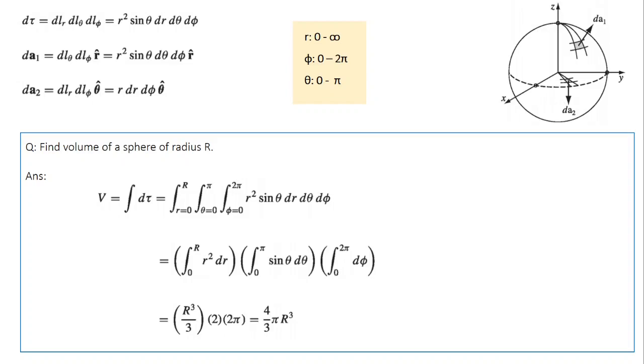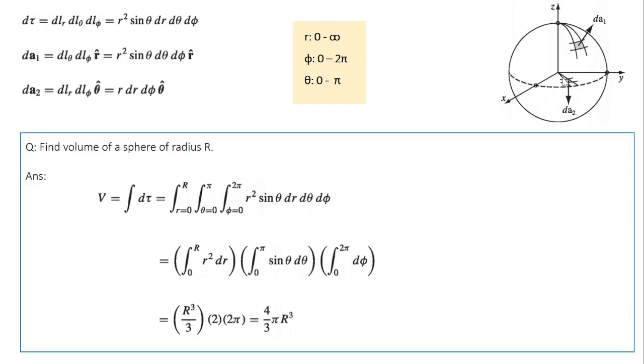Finally, what are the limits of the axes? Just like the Cartesian coordinate system, r represents position, so it varies from 0 to infinity. Phi is the angle on the xy plane, so one complete circle is from 0 to 2 pi, so phi changes from 0 to 2 pi.